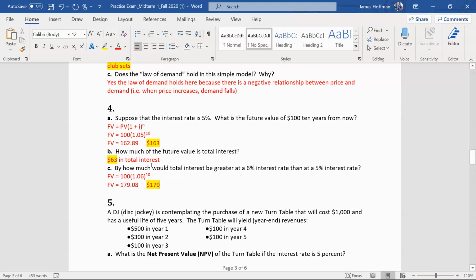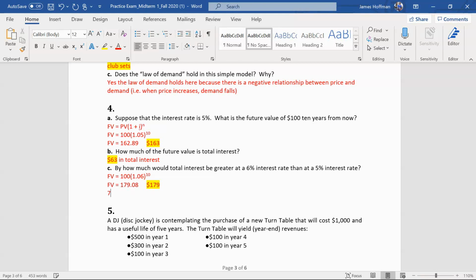Okay, but the question was, how much would total interest be greater at 6% than at 5%? So here we got total interest of $79. The previous time we got 63. So how much it will be greater by is the difference. 79 minus 63, which is 16.